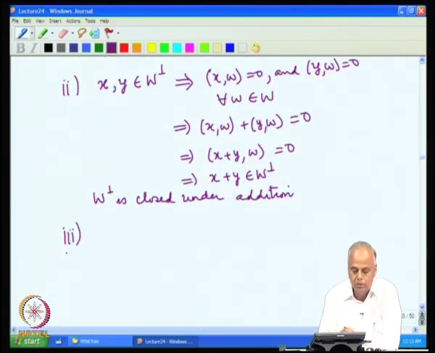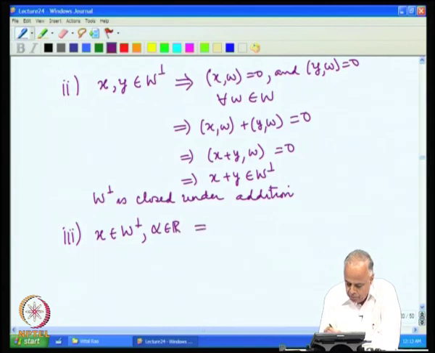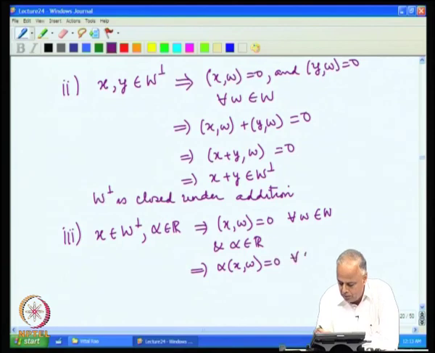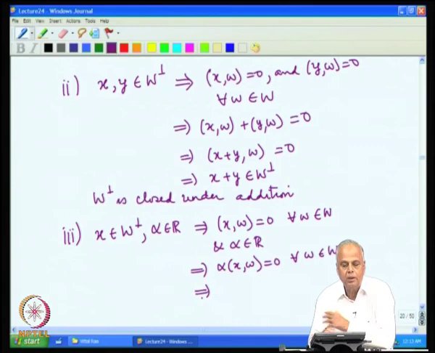We have to look at closure under scalar multiplication. x belongs to W perp, alpha is any scalar. Now, x belongs to W perp means <x,w> equals 0 for every w in W, and we are given alpha is real. Now, if I multiply 0 by alpha, I am going to get 0. So, alpha times <x,w> is equal to 0 for every w, but the scalar constants can be pulled out of the inner product.